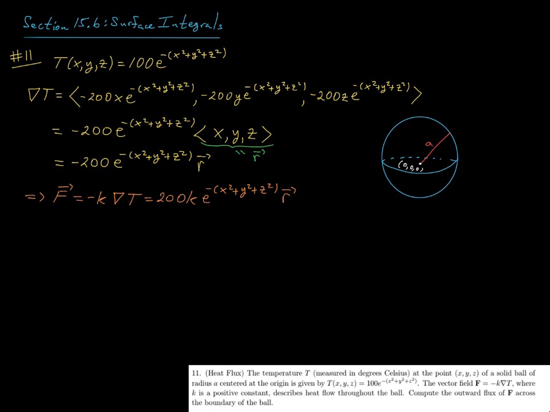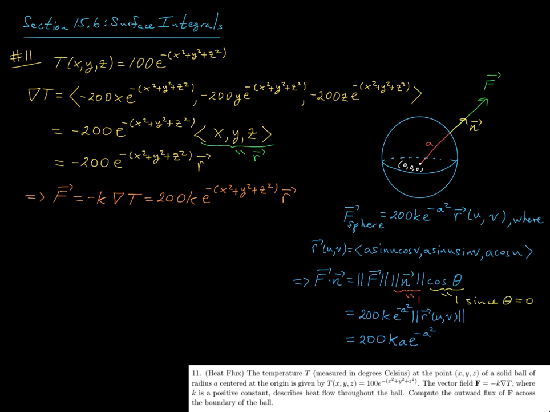All right. Now, F, this vector field that's describing heat flow throughout the ball, is -k times this gradient, so that's going to give us 200k times this exponential term times the position vector r. Now note that if I look at this vector field along the sphere, x² + y² + z² is just a².